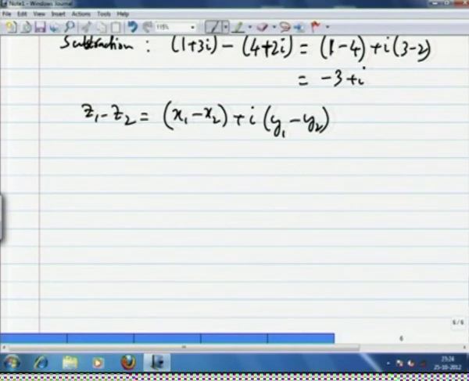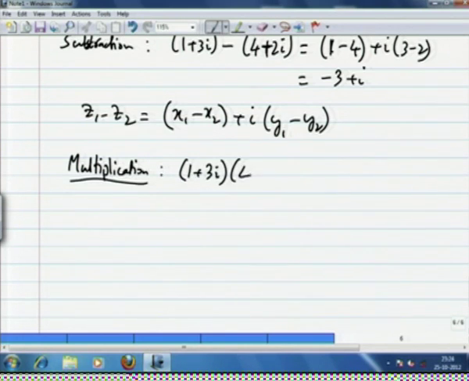And there is complex number multiplication. You can multiply two complex numbers z 1 and z 2 in the following manner. So, normally if you treat these two as binomials, two complex numbers 1 plus 3 I times 4 plus 2 I. So, that is a complex multiplication.